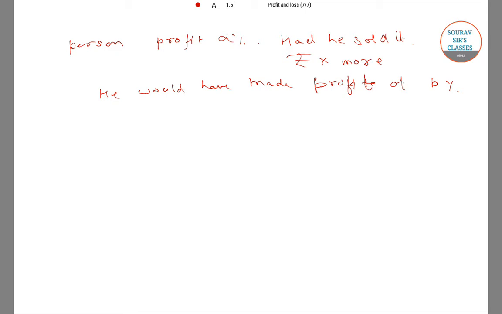Then what is the CP? So in this case, the CP will be calculated as rupees X divided by (B minus A) into 100. This will be the CP of the article.